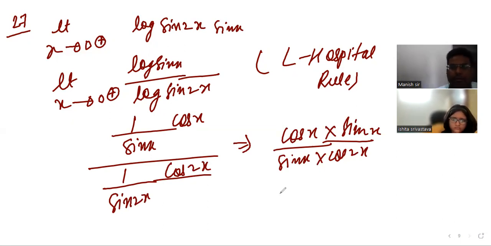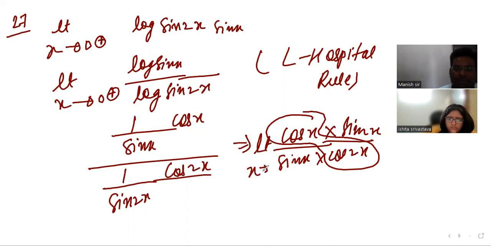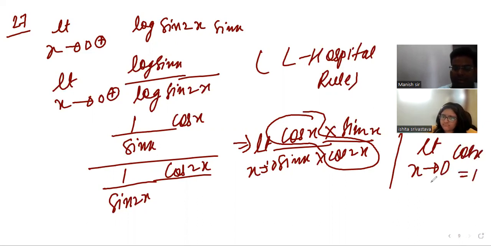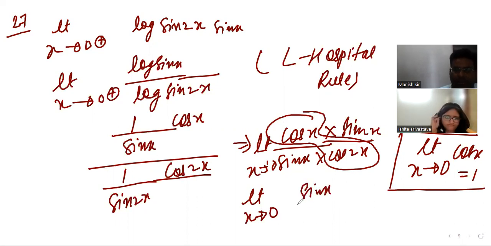Now see, for the cos applying limit, it will become directly 1, limit x tends to 0, because we know the identity that cos of x is directly 1, right? And for the others, we have to arrange. So remaining is limit x tends to 0, sine of x upon sine of 2x, 2x divided by sine of x.